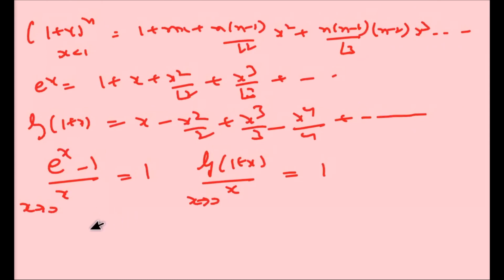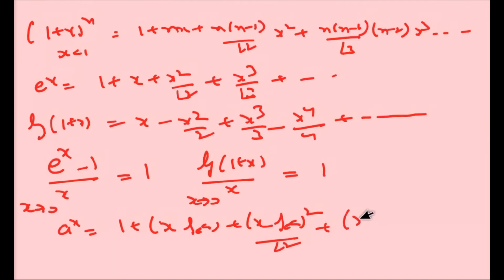and one more series, a to the power x, that is equal to this way: 1 plus x log e base a plus (x log e base a) square upon factorial 2 plus (x log e base a) cube upon factorial 3.